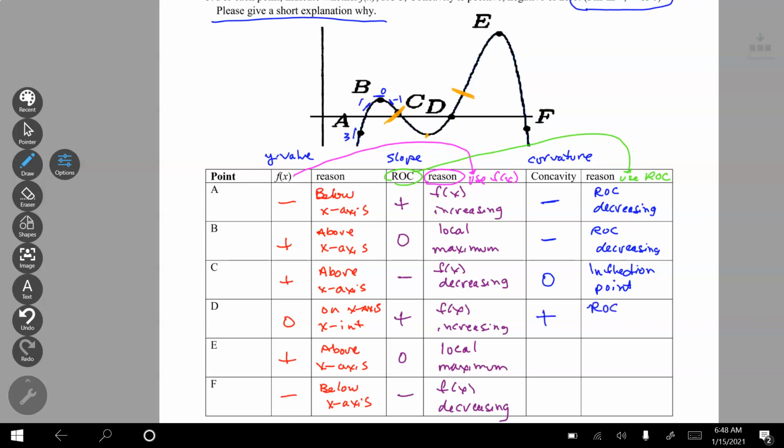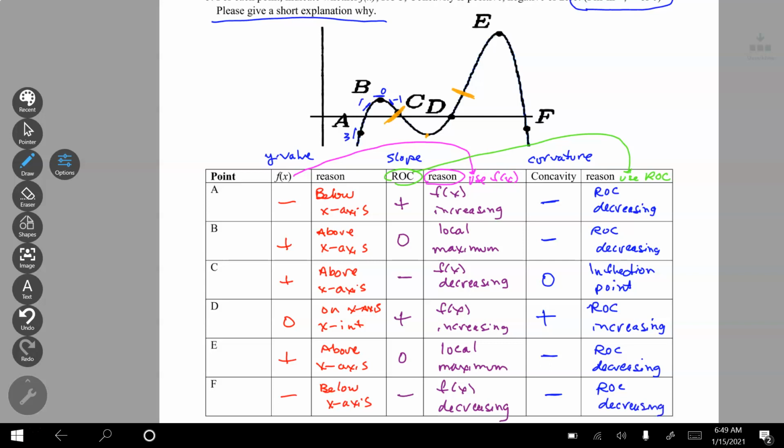That means my ROC is increasing in value. Point E is on the concave down, negative, because my ROC is decreasing in value, and even F, because it doesn't switch concavity, it still says concave down. My ROC is decreasing in value.